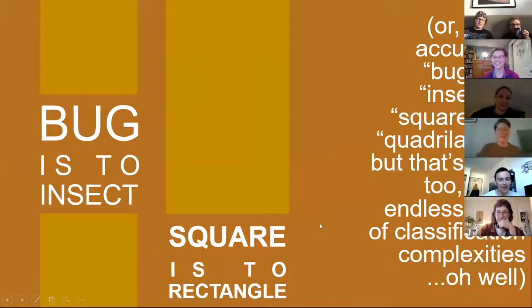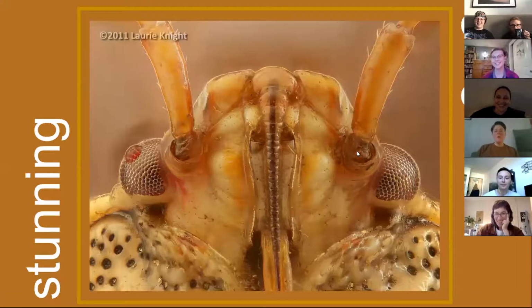So, bug is to insect as square is to rectangle, or more accurately, bug is to insect as square is to quadrilateral. But that's false too in the endless world of complexities. But that's not a catchy title. So, oh well. We are talking about hemipterans. Hemipterans are the things that are called true bugs in the world of insects.